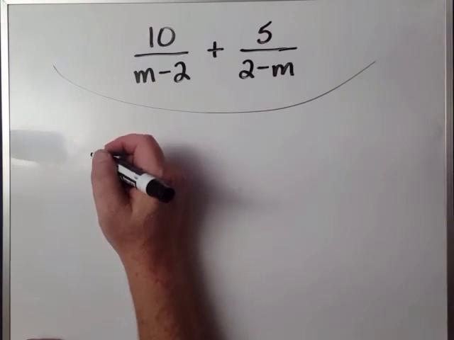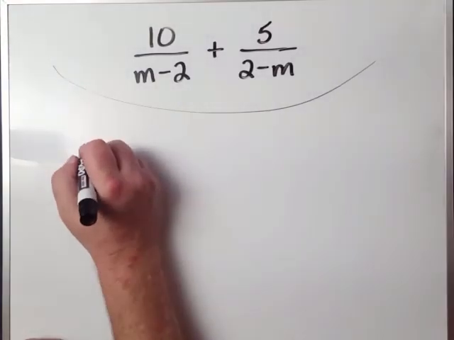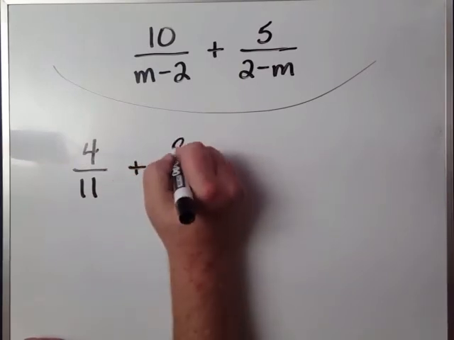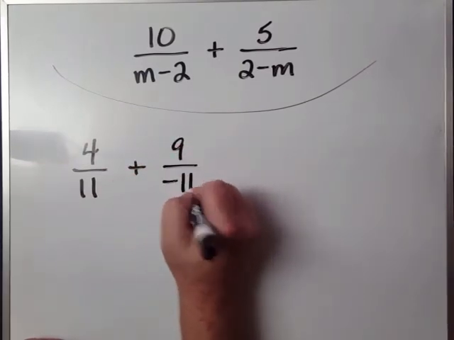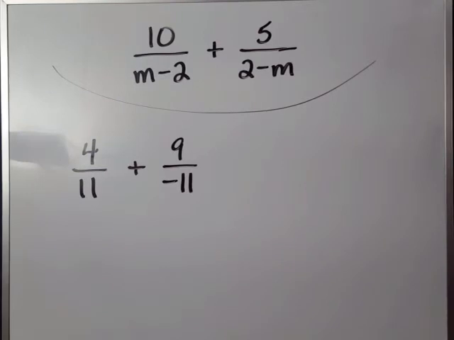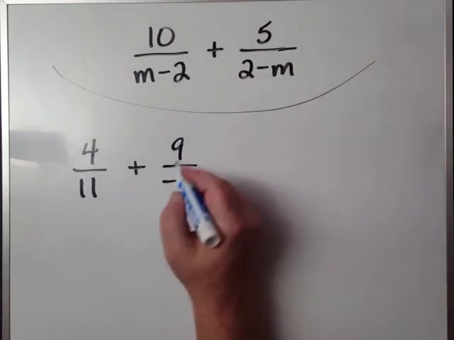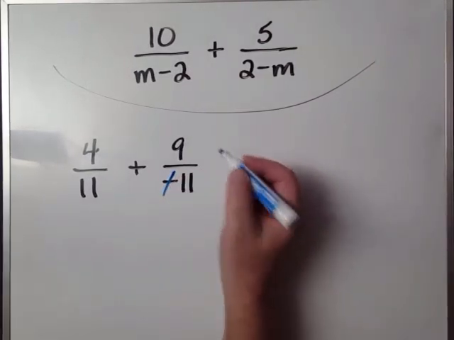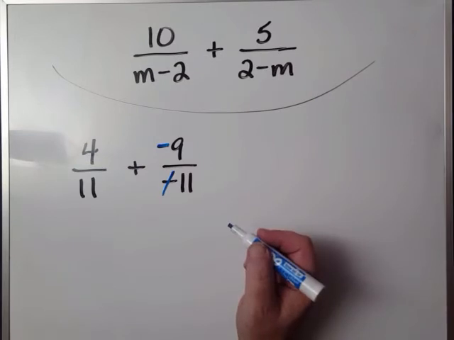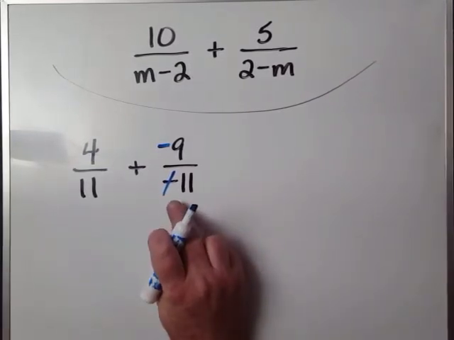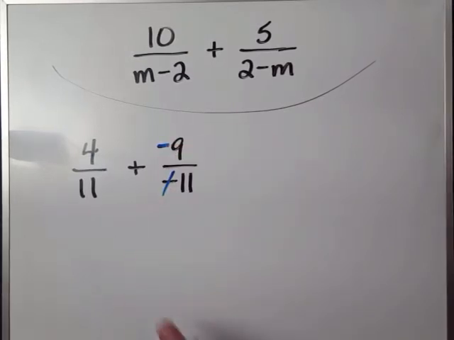If I ask you to add 4/11 plus 9 over negative 11, well, one way to do this is to take the opposite of this denominator and give that negative to the top.